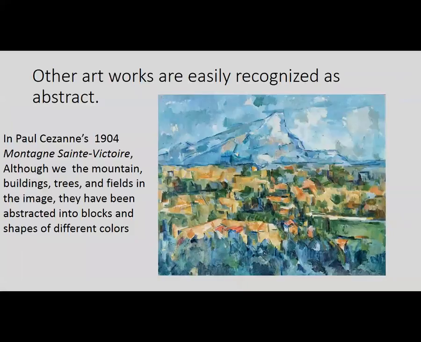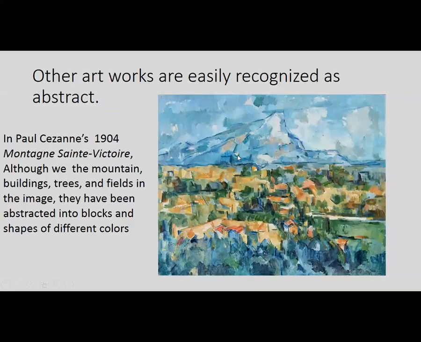So other works aren't easily recognized as abstract, like they're kind of verging on non-representational, but they're still abstract. So this is Paul Cézanne's Mont Sainte-Victoire, the same mountain, and we're looking at this, and this is all almost reduced to these blocks and shapes of different colors.